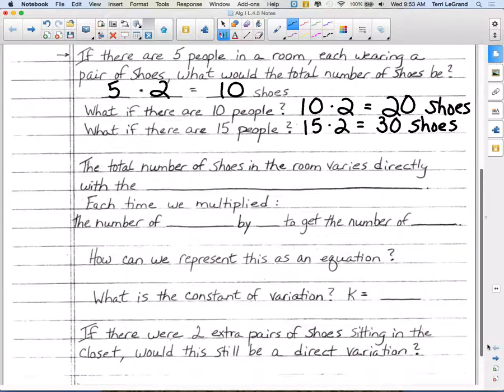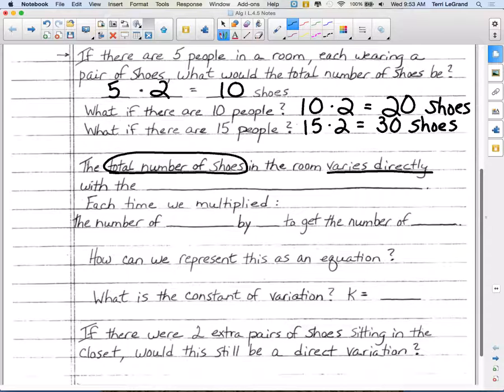Well, this is a representation of a direct variation. The total number of shoes, how many shoes there would be in the room, varies directly. So this is like, you know what, would you circle this? The total number of shoes varies directly. Let's underline that.